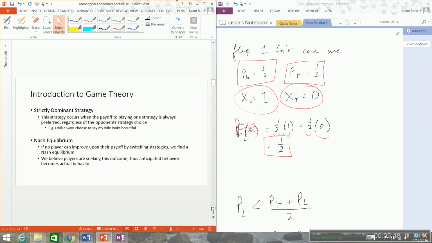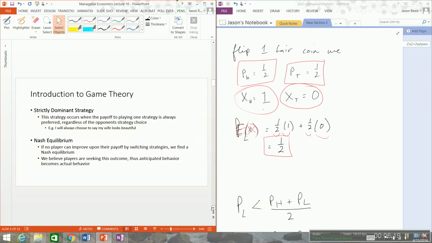So once we start working with these games, we can talk about two different things within the game, the outcomes. One is called a strictly dominant strategy. Now, this is really interesting because a strictly dominant strategy just says that a player will choose one action since that action results in a better payoff than any other choice they could have made, and that's regardless of what their opponent chooses.